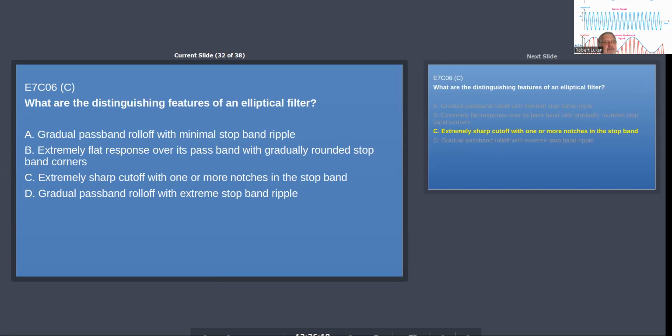What are distinguishing features of an elliptical filter? Well, I'd say the sharp cutoff, but what do you mean, one or more notches in the stop band? If it cuts off sharply, how are you going to have notches in that? Wouldn't it be a ripple in the stop band?